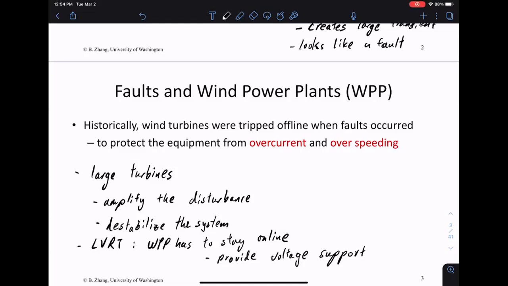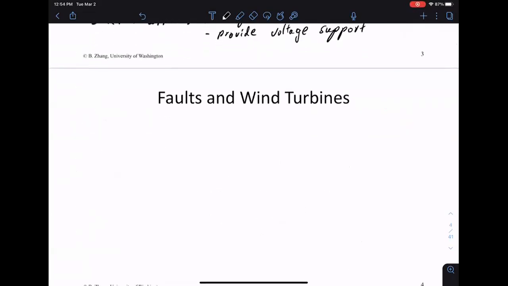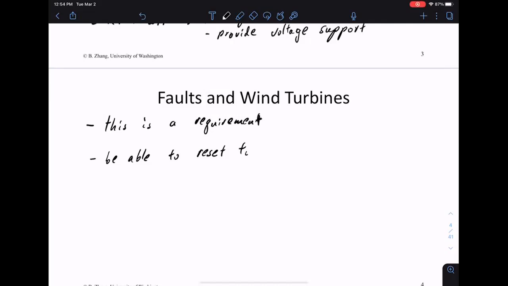So for this, then, if you look at the faults in more detail, so this is a requirement. Okay, so this is a design requirement. You have to do this. So nowadays, if you want to install wind power, these are required. You also have to be able to reset to pre-fault values.